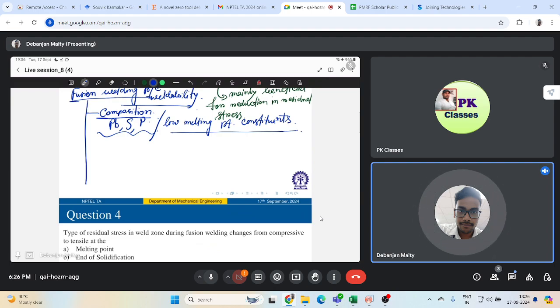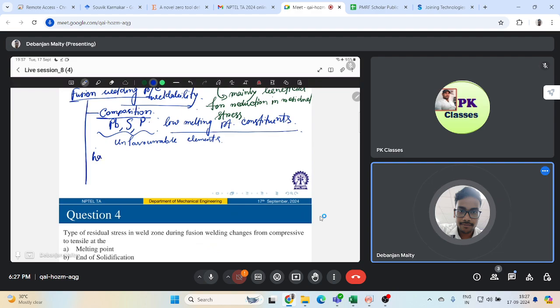If you have some hardening elements, what are some hardening elements that can be present in your metal? In steel, carbon is a hardening element, right? If you increase the percentage of carbon, the hardness will increase. So these were my unfavorable elements.